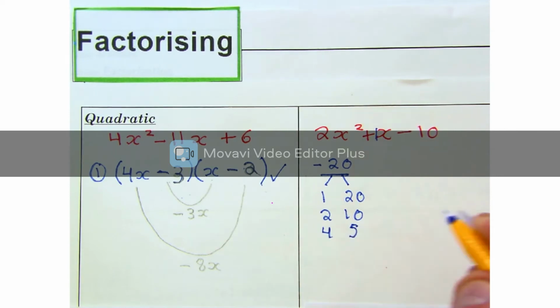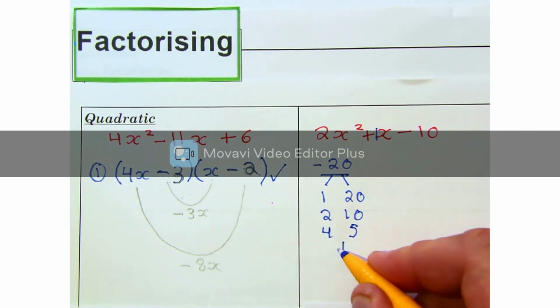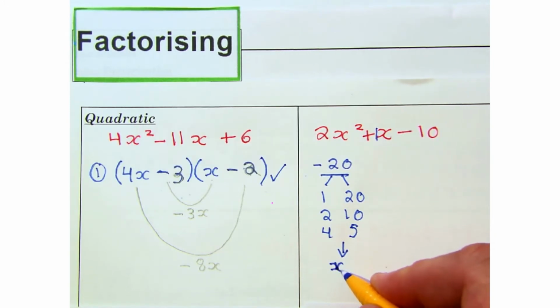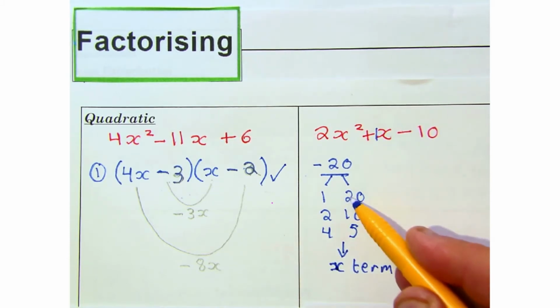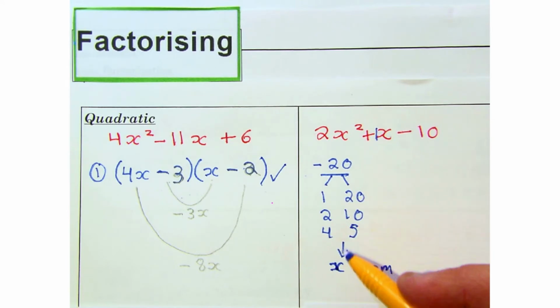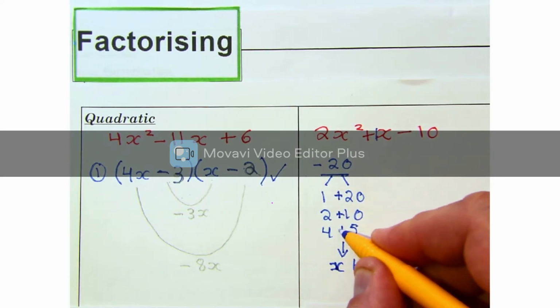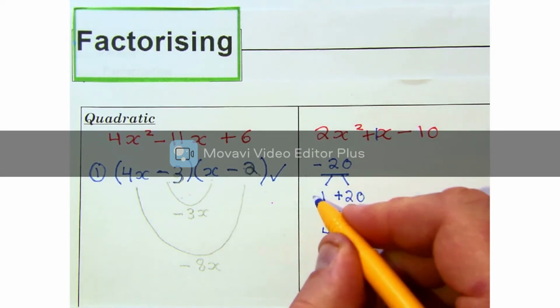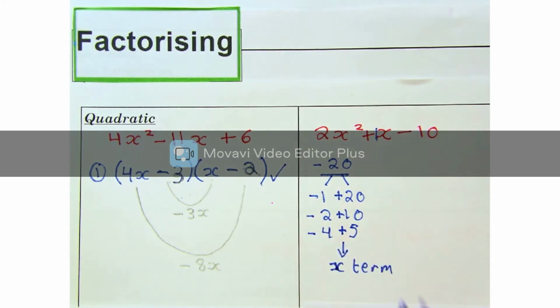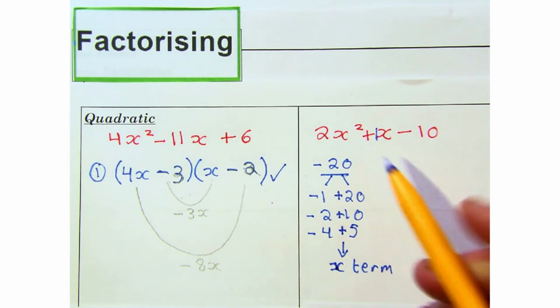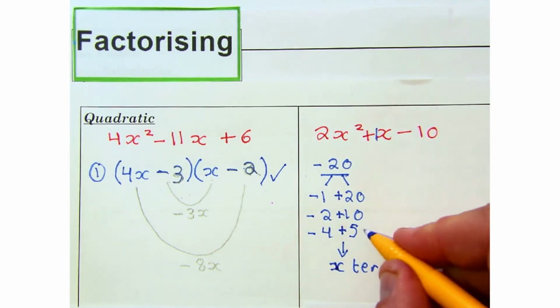And very important, the big numbers are always on the right hand side here, and the sign in front of those is the sign of the x term. And then they're factors of minus 20, so these will have to be minus, so that the factors will add up to minus 20. And then you pick the pair that adds up to the plus 1 in the middle.